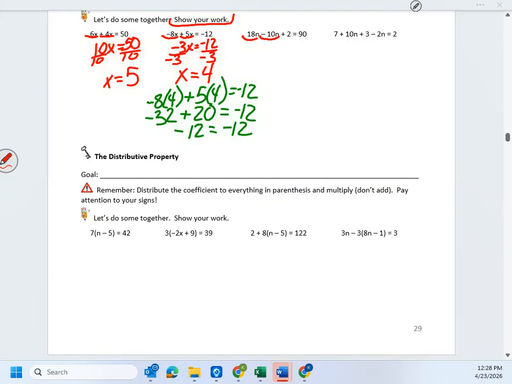What does that get me, Ellen? 8n. Now, this is important. What do I have to do with that plus 2? I have to bring it down from my equation, right? So I have to bring that plus 2 down. So now I have 8n plus 2 equals 90.